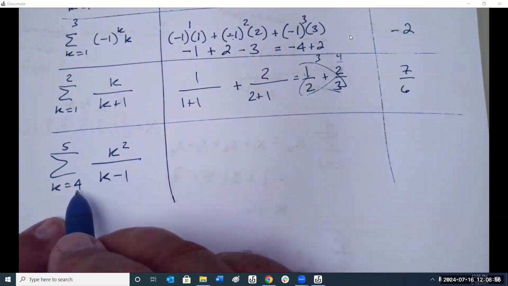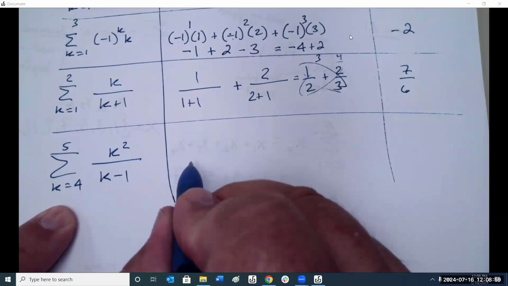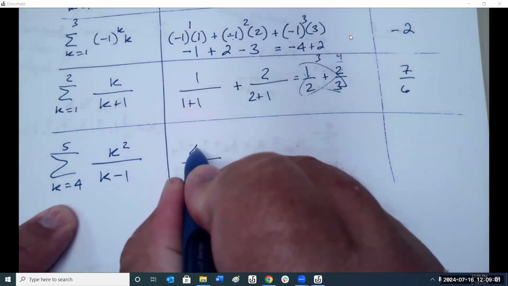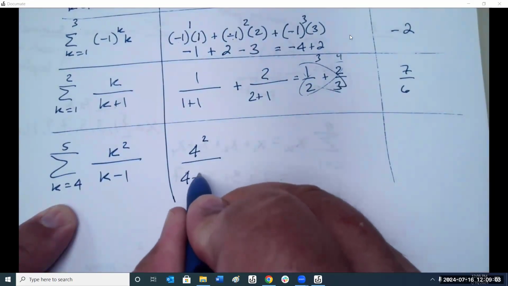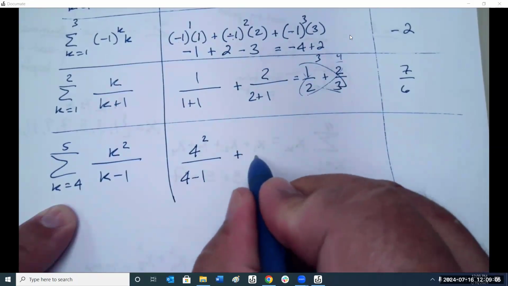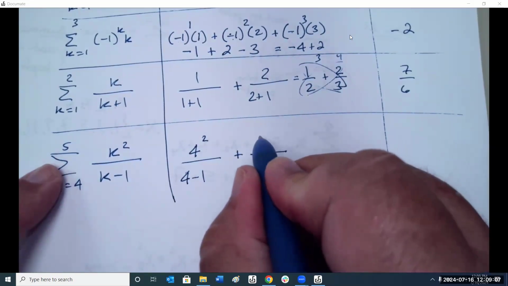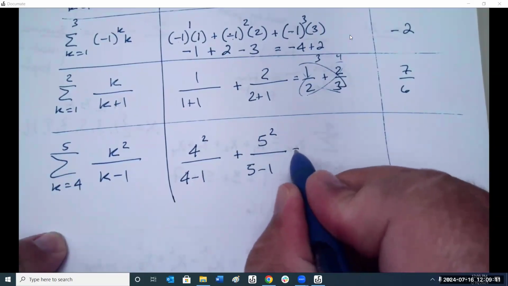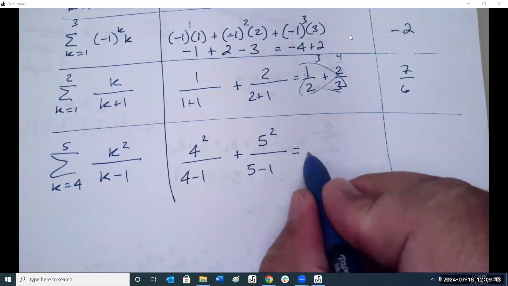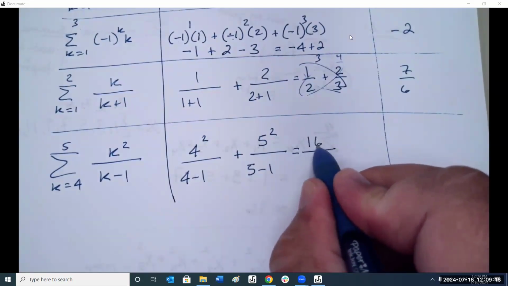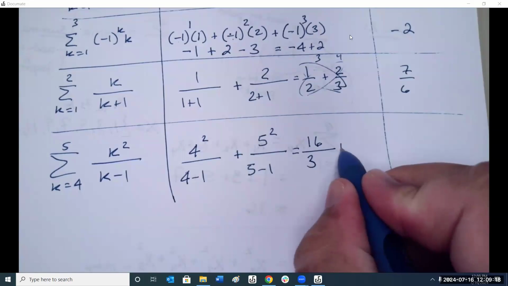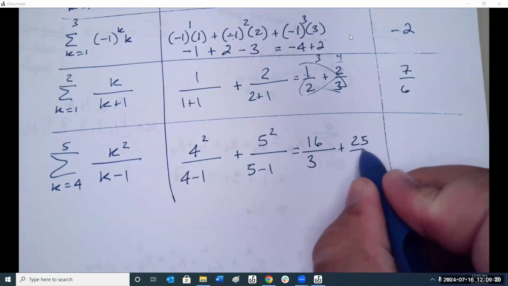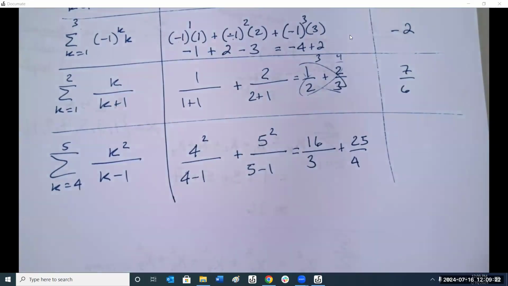And the last one, we're going from 4 to 5. So the first one starts off at 4 squared over 4 minus 1, plus 5 squared over 5 minus 1. 16 over 3, plus 25 over 4.